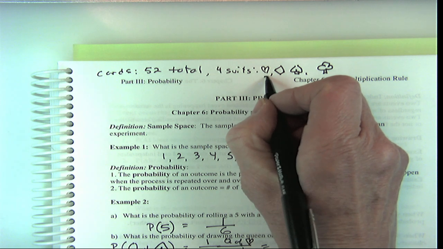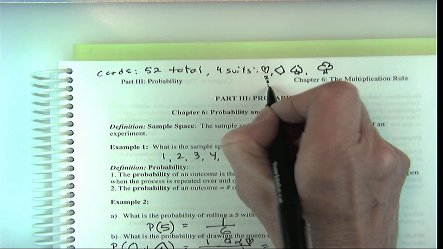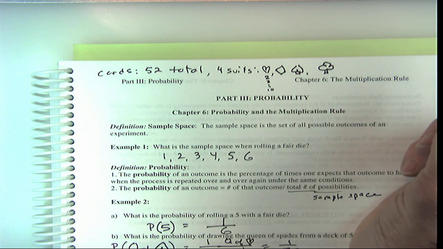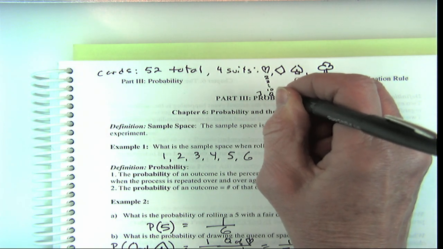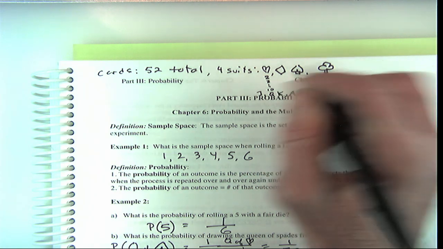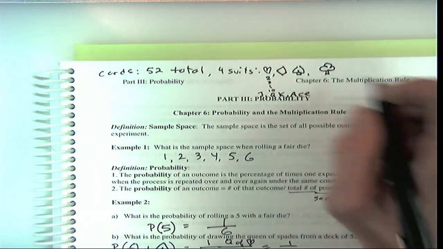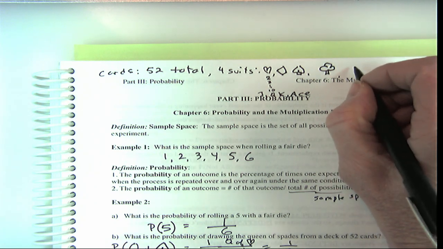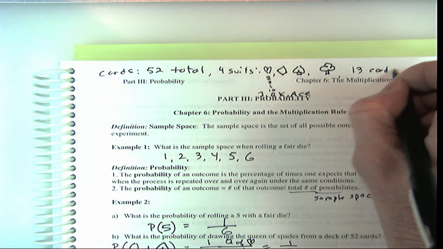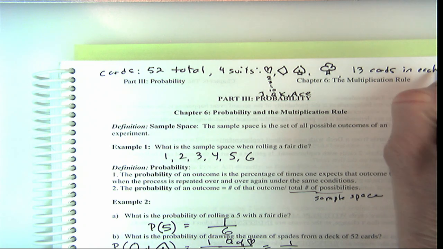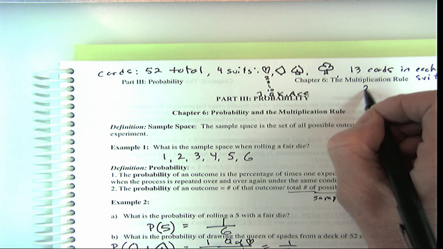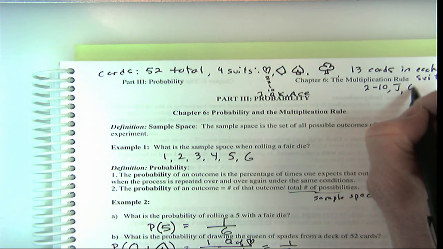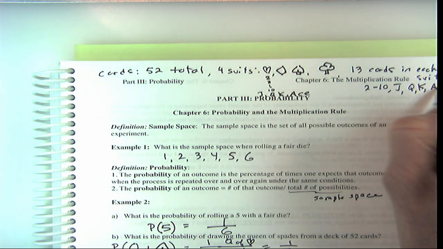So there's a 2, 3, through 10, and then there's a jack, a queen, a king, and an ace. So there's 13 cards in each suit. Two through 10, and then jack, queen, king, and ace. All right, so that's the idea.